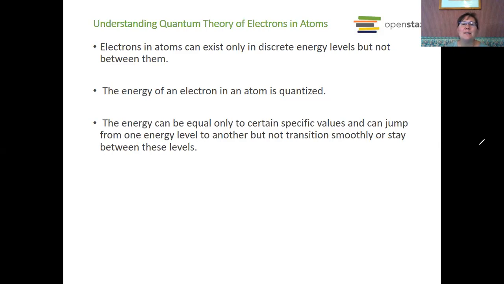So electrons in atoms can exist only in discrete energy levels, but not between them. That's because the energy of an electron in an atom is quantized. And quantized, remember, just means a specific quantity or a specific amount, as opposed to anything. The energy can be equal only to certain specific values and can jump from one energy level to another, but it can't transition smoothly.